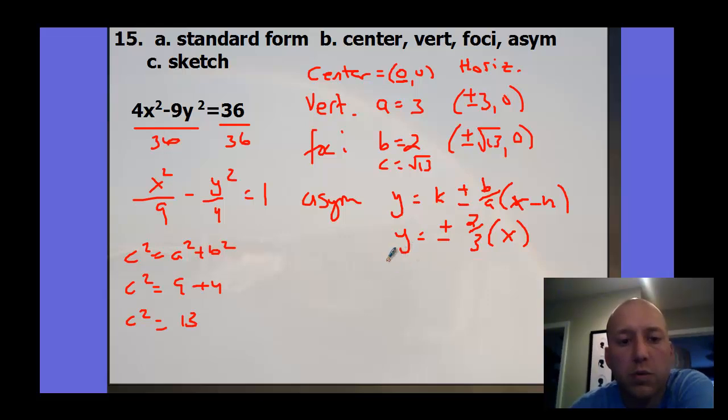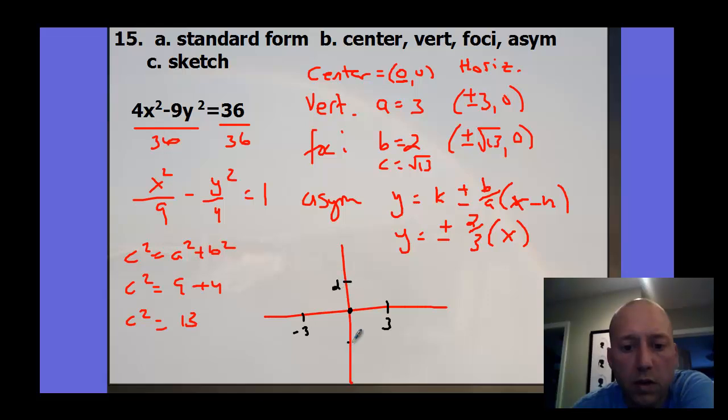So those would be our asymptotes, all of which will help us sketch it. If 0, 0 is our center, we have 3 to the right, 3 to the left, 2 up, 2 down, those are our B values. That creates this rectangle.